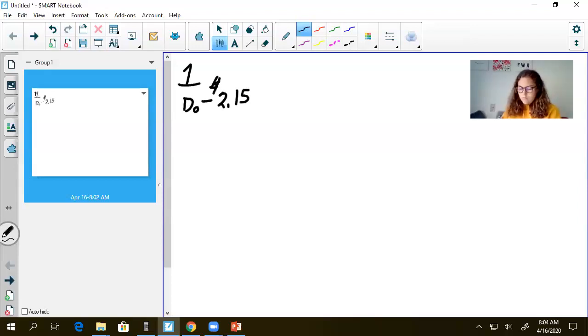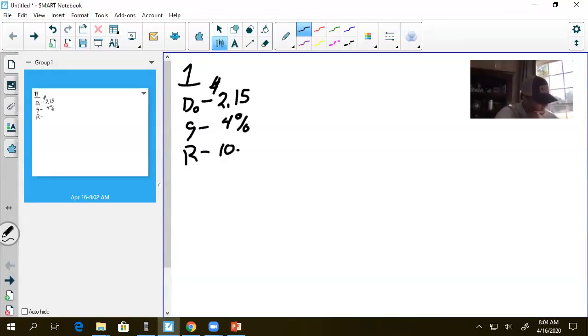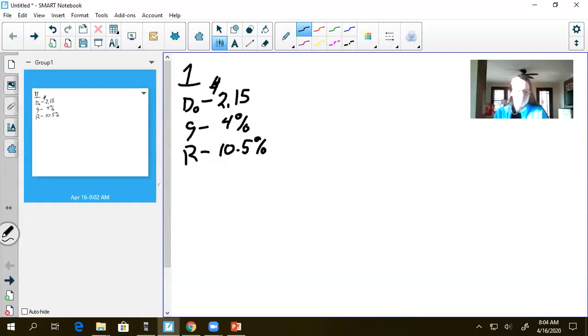The dividends are expected to grow at a constant rate of 4%. So we have G. Investors want a rate of return of 10.5%.